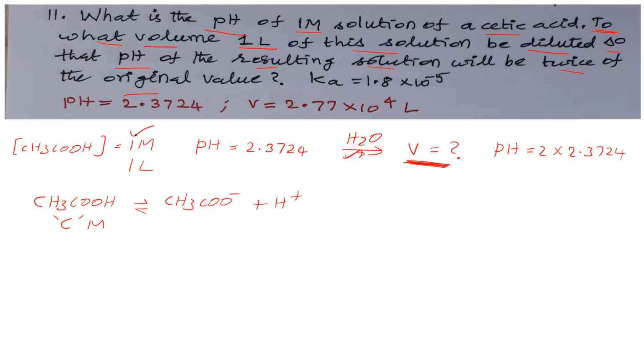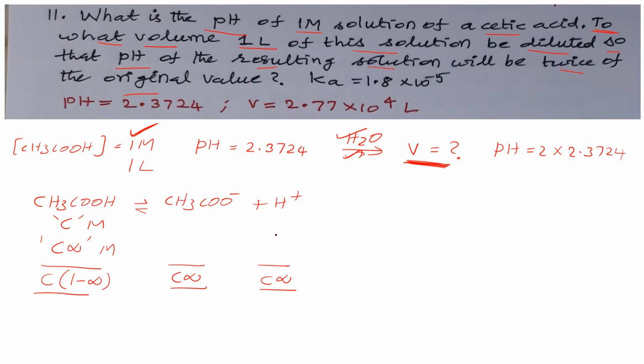Here you take 1 molar and add water, so the concentration is reduced, by how much we do not know. So take C molar. How much dissociates? C alpha molar. C is the concentration of acetic acid, and alpha is the degree of dissociation. At equilibrium acetic acid is C into 1 minus alpha, acetate ion is C alpha, and H plus ion is C alpha.